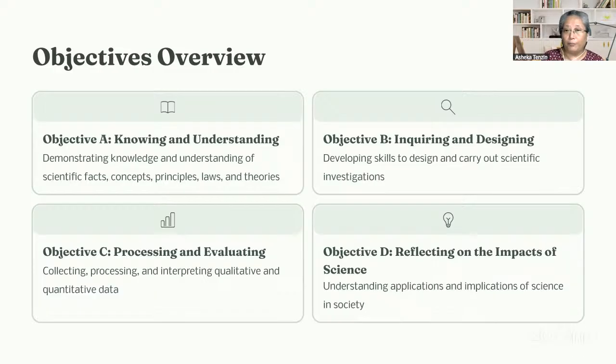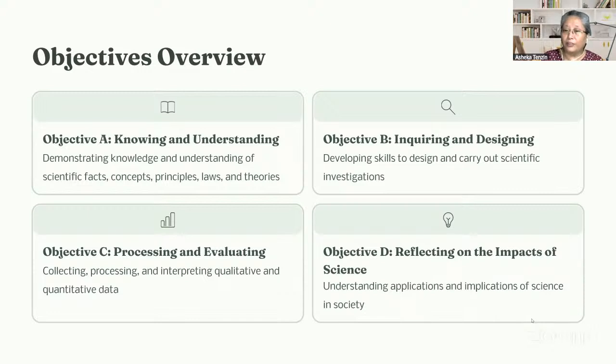In objective B, the students should be developing skills to design and carry out scientific investigations. For objective C, the students should know how to collect, process, and interpret qualitative and quantitative data. So processing and evaluating are the skills that we are looking at.